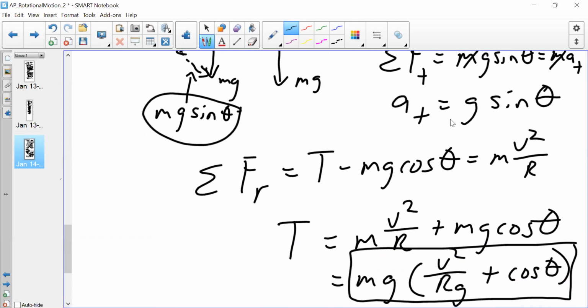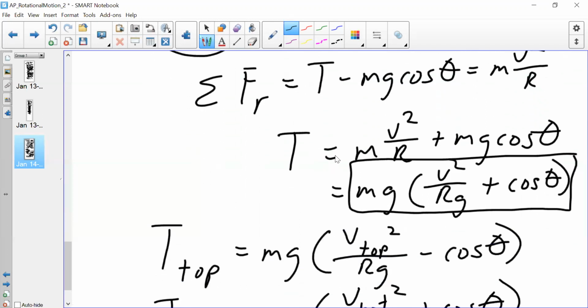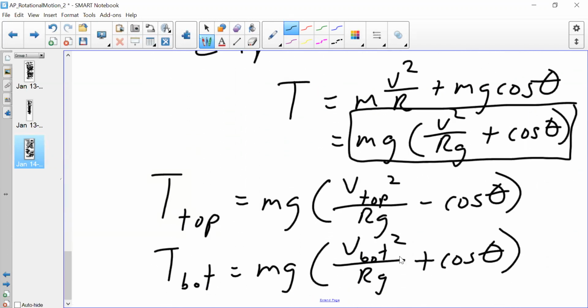Obviously the tangential direction wasn't really relevant because it didn't have a tension term, but it's just something to do anyway, in case in other problems there could be a tension term. The tension term appears in the radial expression, solve for T, and then just make your substitutions for top and bottom based on example 6.5. You feel heavier at the bottom and lighter at the top. Okay.